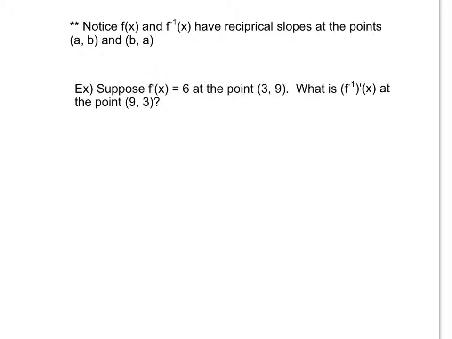Can I determine from that information alone what the slope of my inverse function is at the point (9, 3)? Well, yeah, all I have to do is say it's the reciprocal of the slope of my original function. So if the derivative was 6 at (3, 9), then the derivative of the inverse at (9, 3) is 1/6.